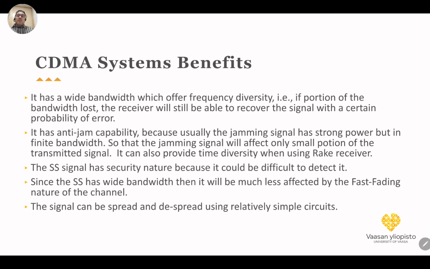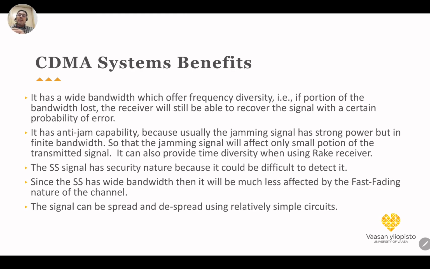It has wide bandwidth, which offers frequency diversity. Because the signal is spread over frequency, if there is some corruption or drop in part of the band of that signal, you will still be able to recover the signal. Also, it provides some kind of time diversity when you use a rake receiver. I explained this before when we talked about diversity.